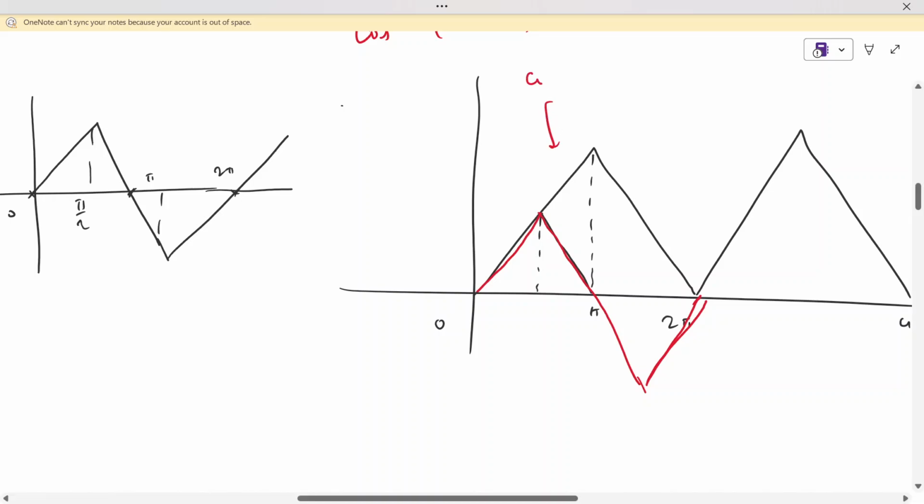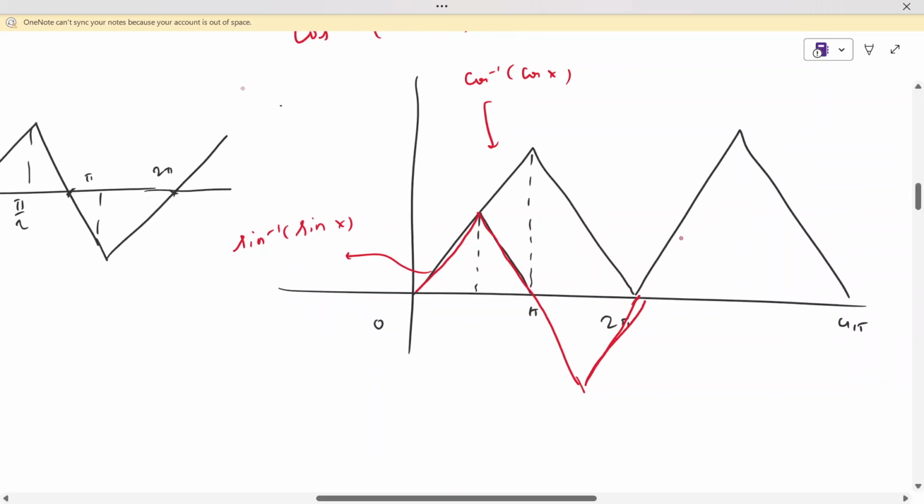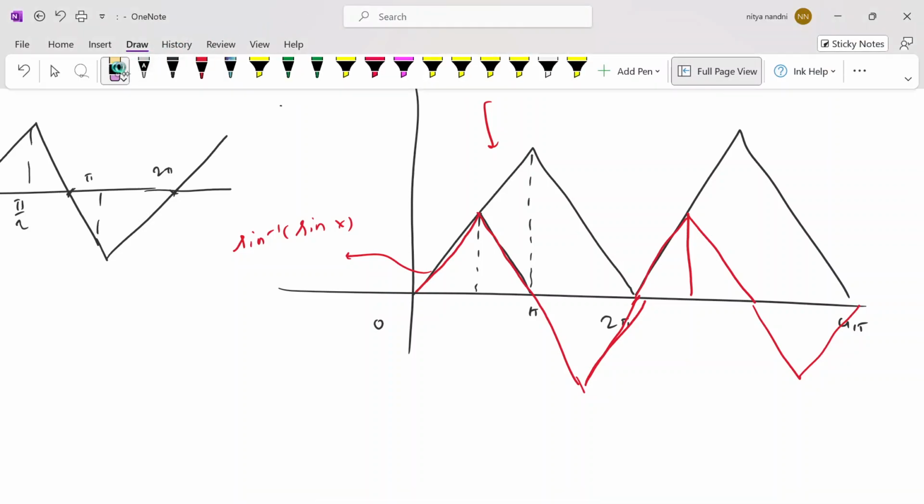Let me just draw the sine accordingly. This is cos inverse cos x, no? And this, in red color, is sin inverse sin x, no? So in the 0 to 2 pi interval we covered everything, and this is the replica only, na? This is the replica of the 0 to pi interval.